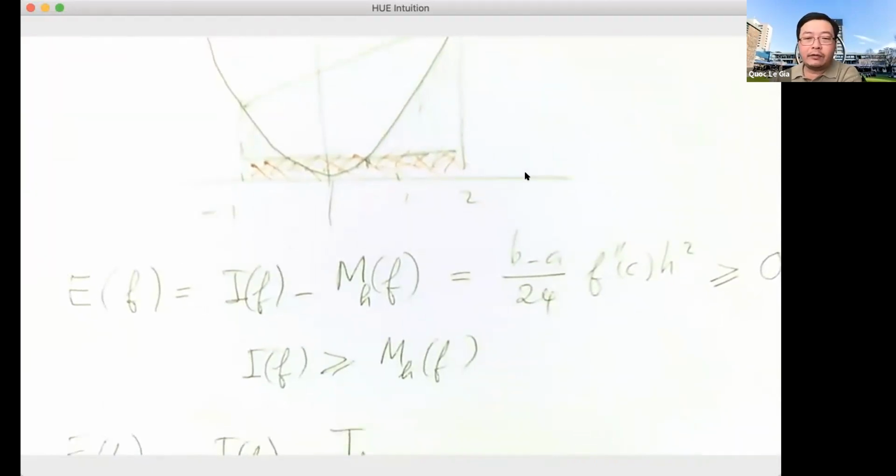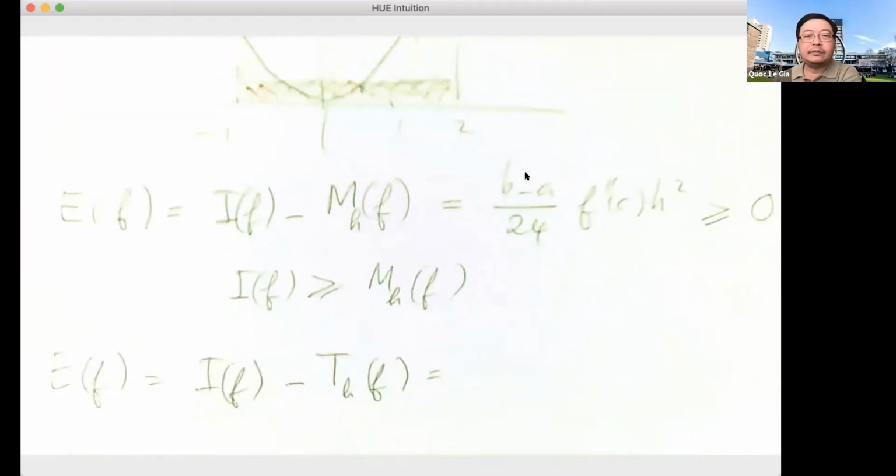So what is the formula for the error of the trapezoidal rule? Well, you just need to look it up.